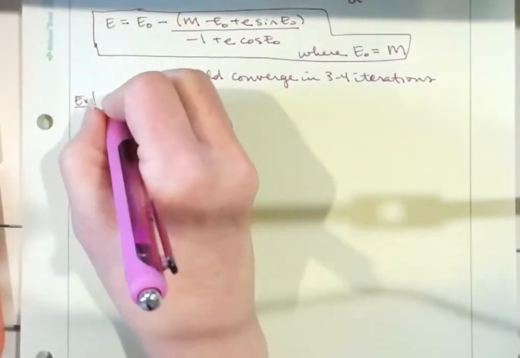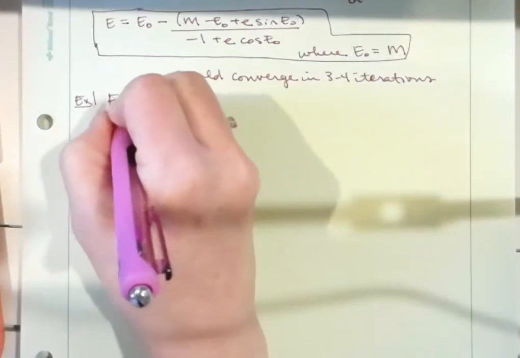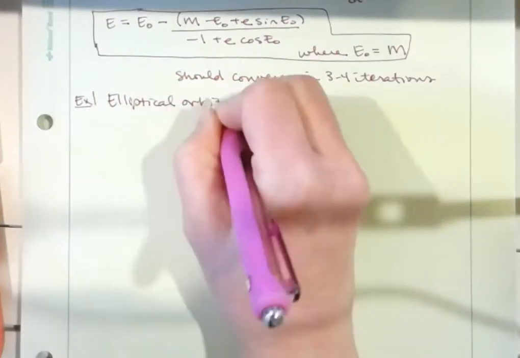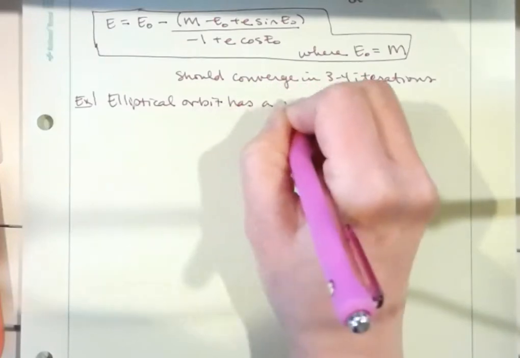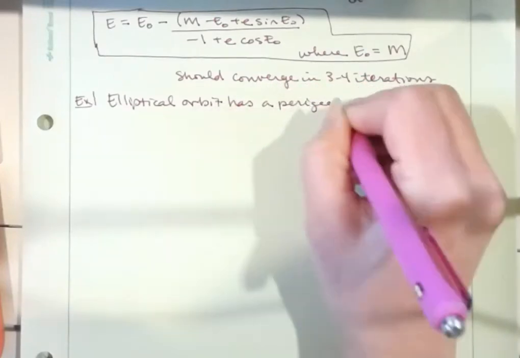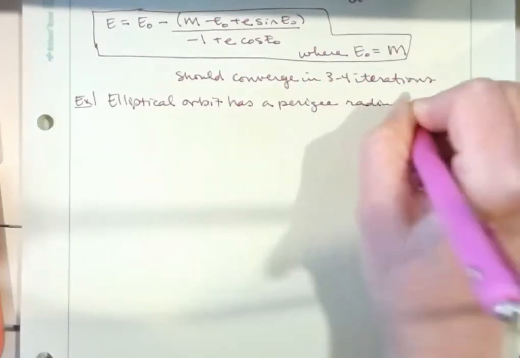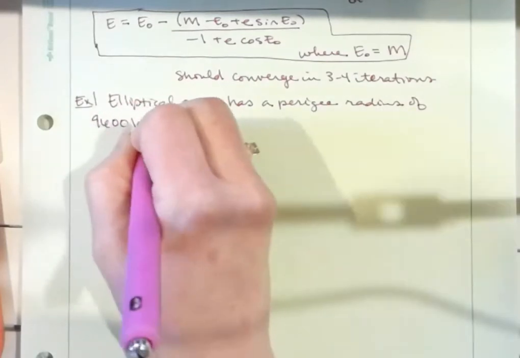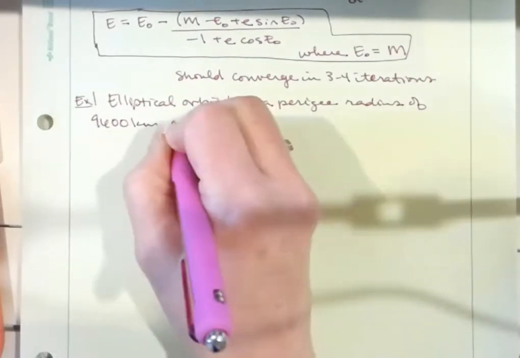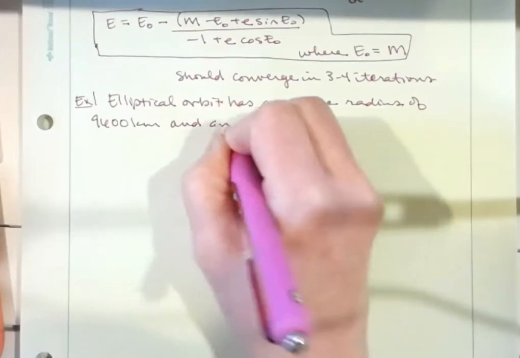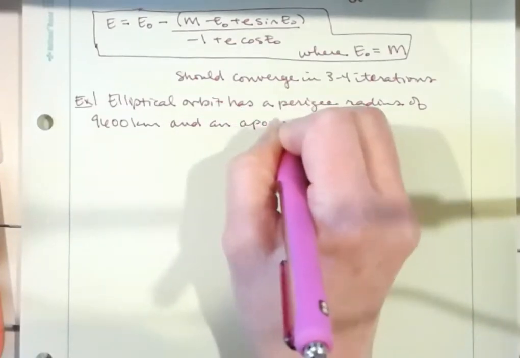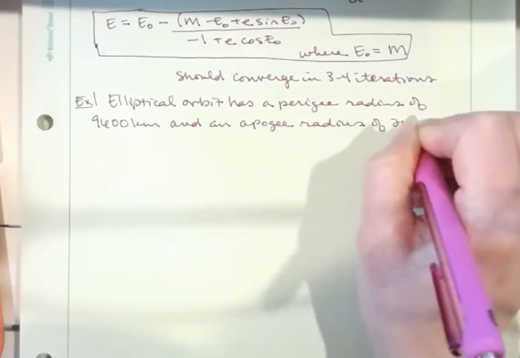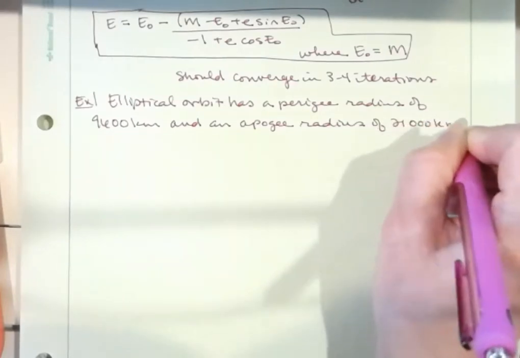Okay, so for this example, we're going to have an elliptical orbit that has a perigee radius of 9,600 kilometers, and it's got an apogee radius of 21,000 kilometers.